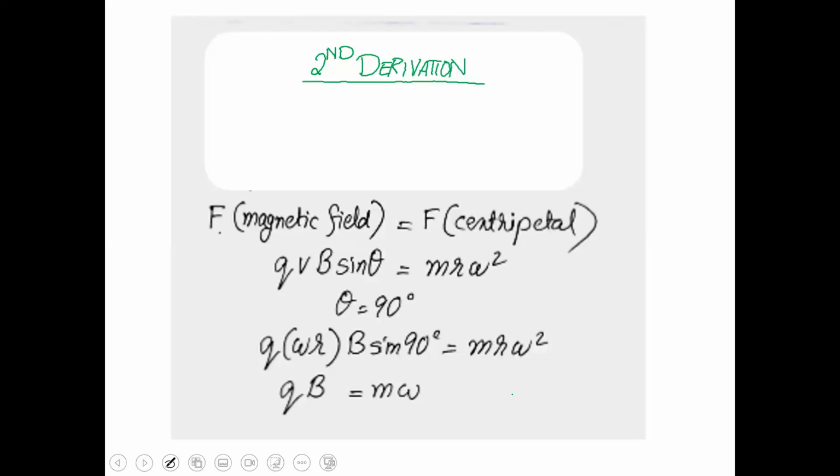Magnetic field is providing centripetal force. You must remember that it is the formula m r omega square. There are two formulas in this article. One is F is equal to m v square upon r, and one is F is equal to m r omega square. Now you have to copy this derivation.